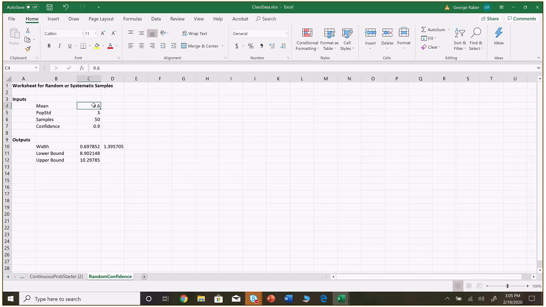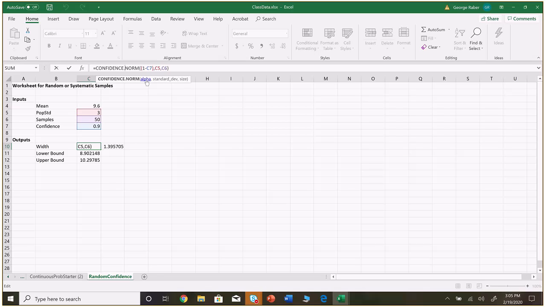The average time to work is 9.6 with a population standard deviation of 3 minutes. Okay. So I took 50 samples and I want a confidence of 90. So the way that I do that is I first calculate the width of that confidence interval, and the first thing that it requires is the alpha.